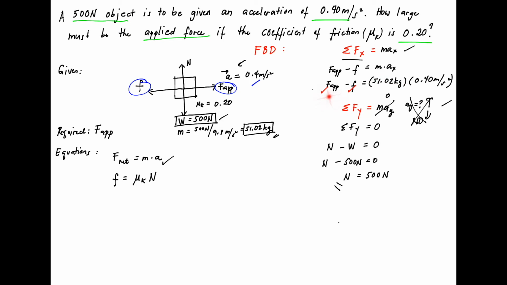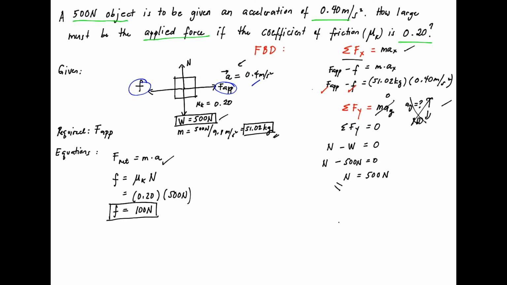So solving for it, we have the coefficient of kinetic friction, that is 0.20, which is unitless, and we have the normal force, this 500 Newton, and 0.20 multiplied to 500, that is 100 Newton. And this is the value of our frictional force.